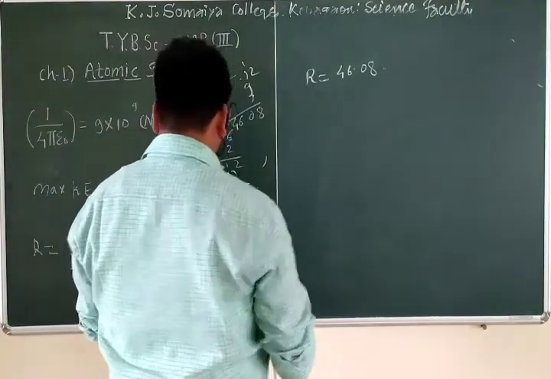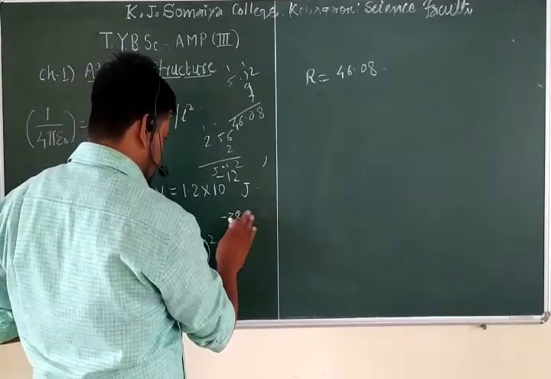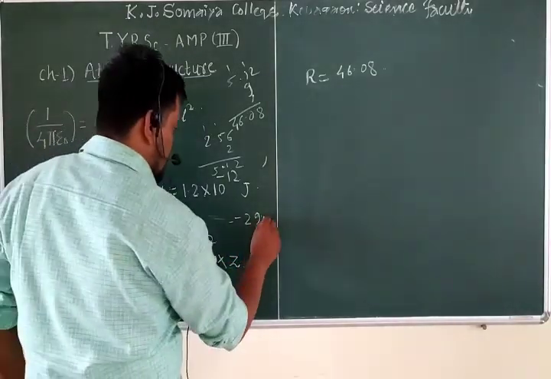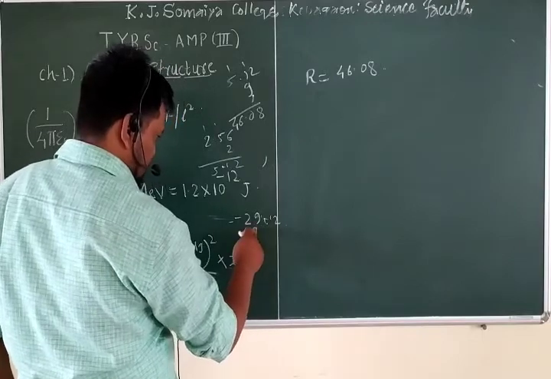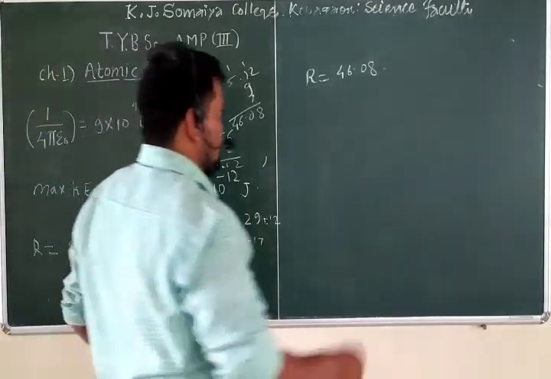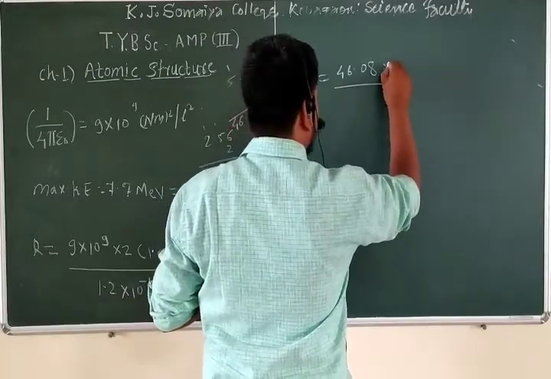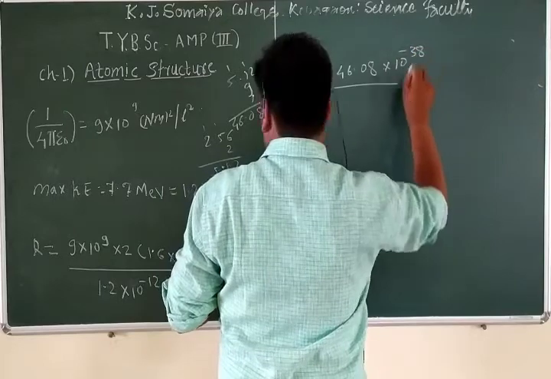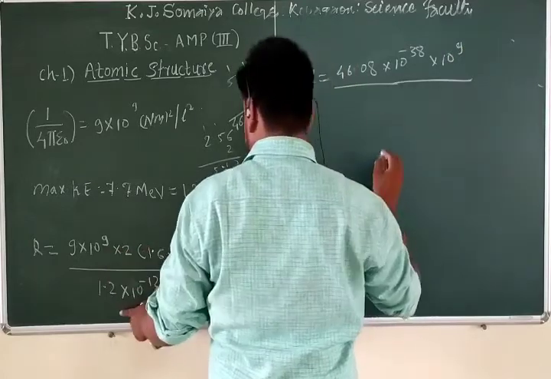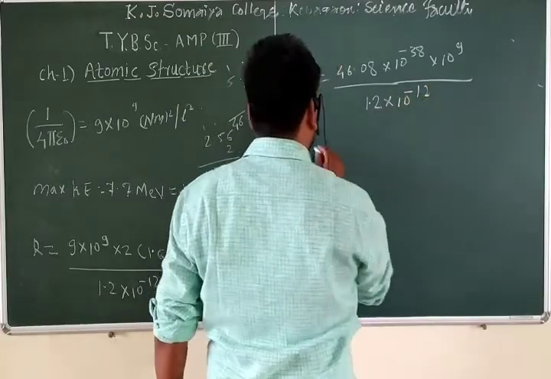So that is 10^-38. This 10^-38 with 10^9 leaves 10^-29, and with the 10^12 in the denominator, we get about 10^-17. We divide by the factor 1.2 × 10^-12 joule.